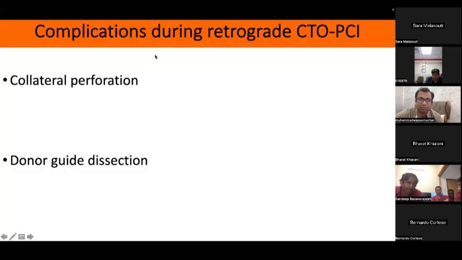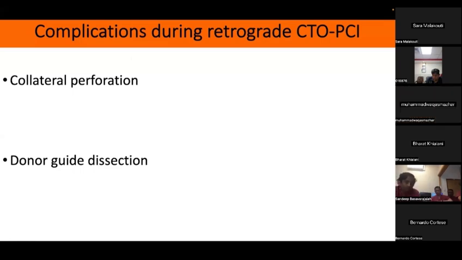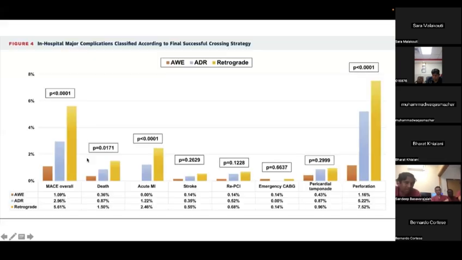Complications can happen during any CTO PCI, such as access or guide complications, but there are two important ones which happen in retrograde. One is collateral perforation, the other donor guide dissection. I'll just show you this graph from the PROGRESS CTO registry. You can see that whenever they did retrograde, the overall complications were much higher than with antegrade wire escalation or ADR.